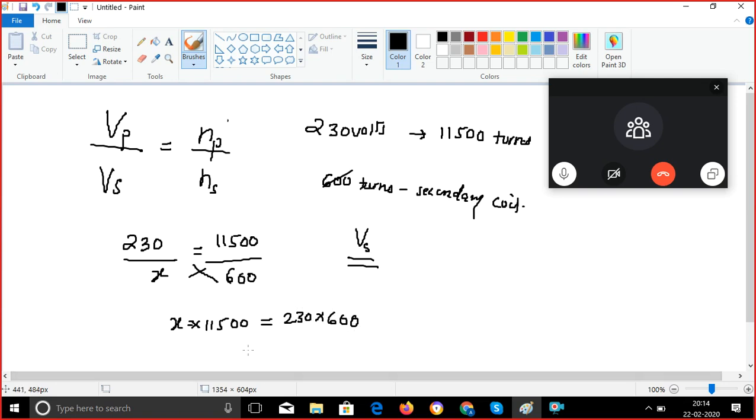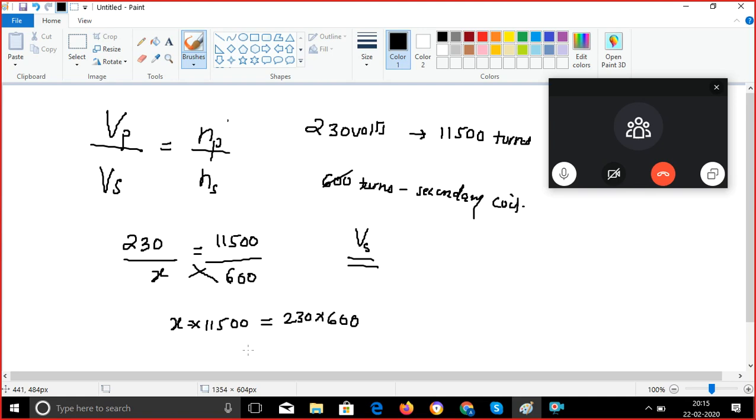Now calculate the value of x. X is 12 volts. Yes, that's right.